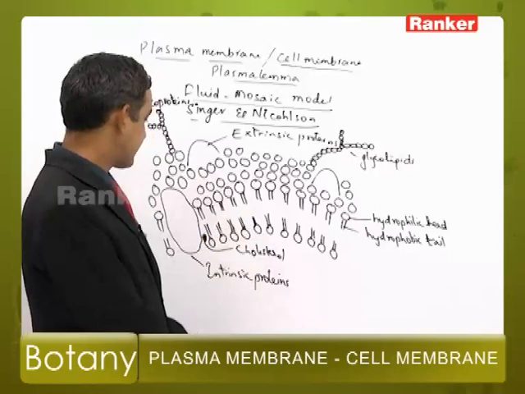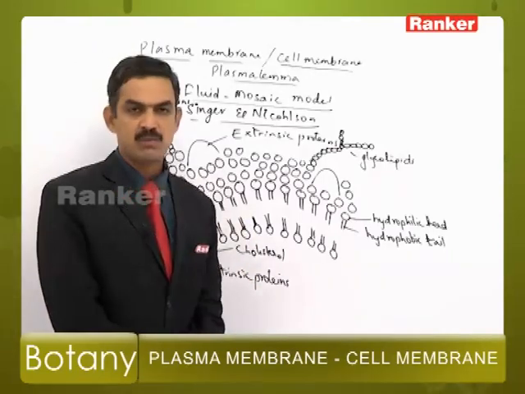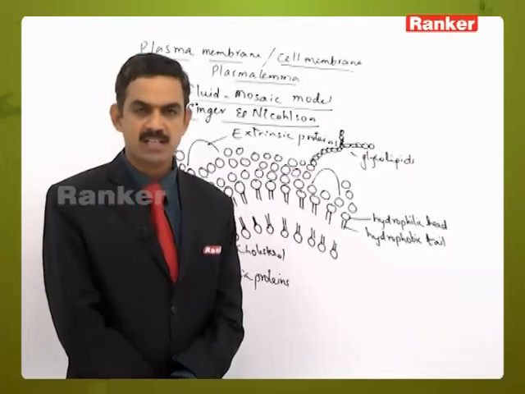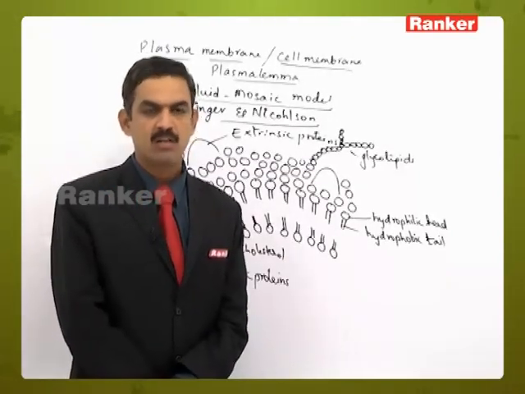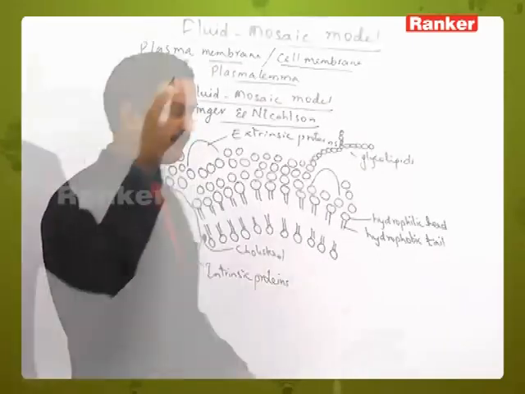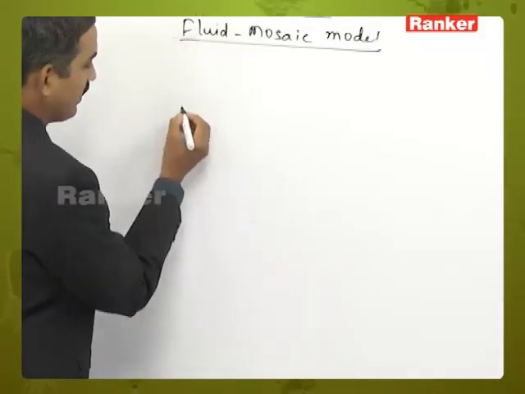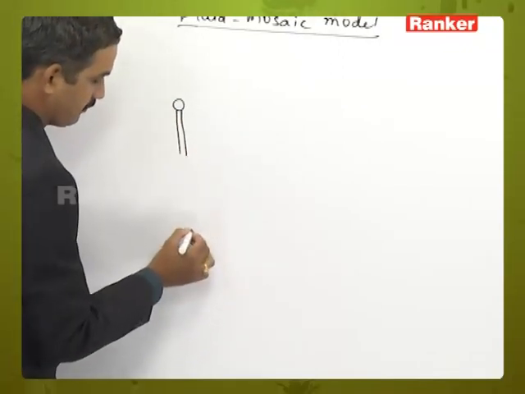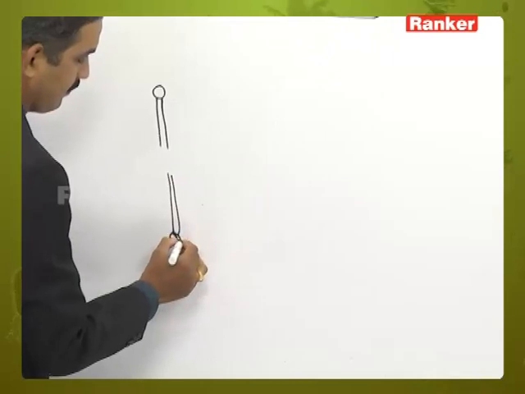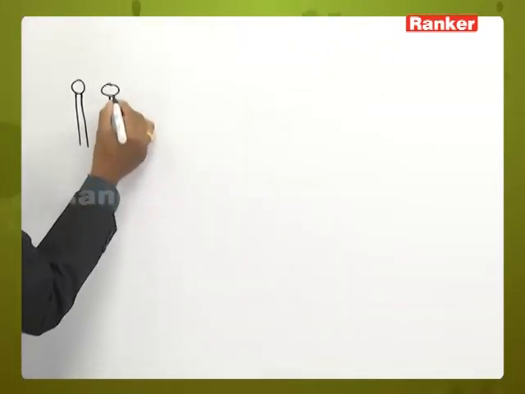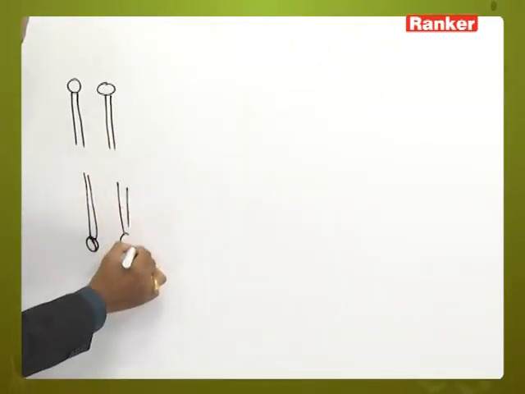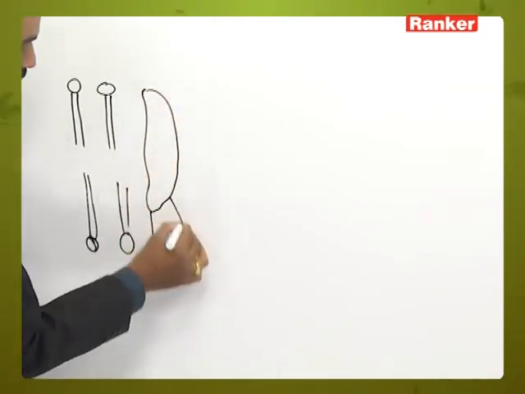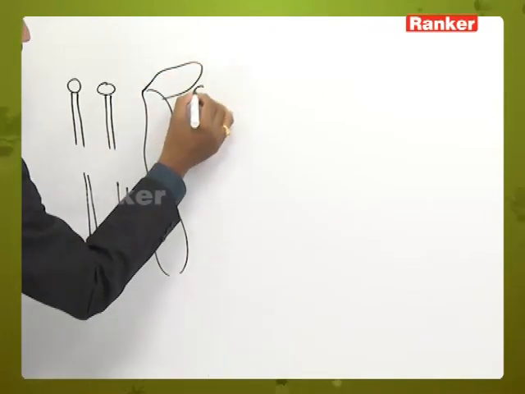Here let us discuss something about the intrinsic proteins, which also act as channels for transportation of materials, particularly water, from outside to inside. For example, this is a phospholipid bilayer. Here we can see some protein molecules like this, which can be seen towards the outer side also.